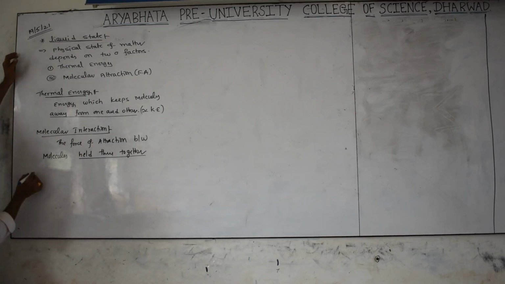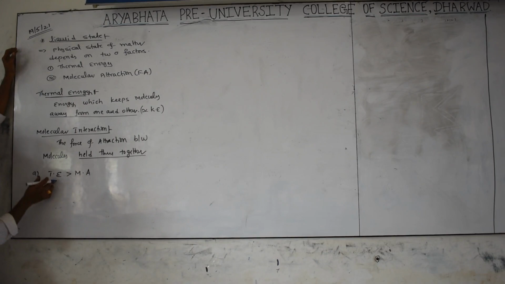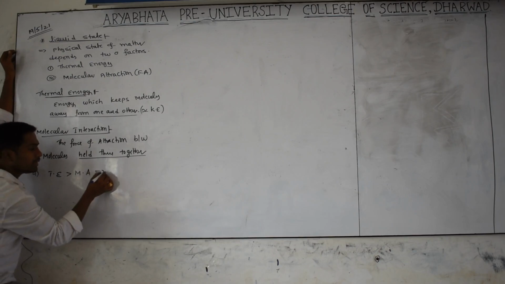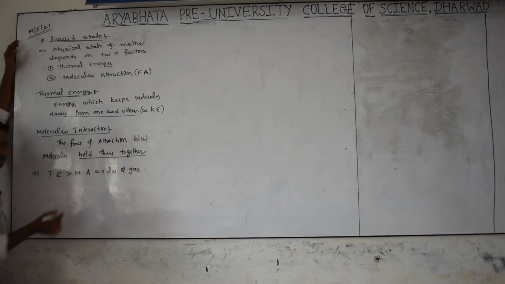For example, in the first case, suppose thermal energy is more than molecular attractions. What is the meaning? Repulsive force is more than attractive force, which means the kinetic molecules want to move faster, so the holding will be less. Automatically the matter will exist either in liquid phase or gas phase.